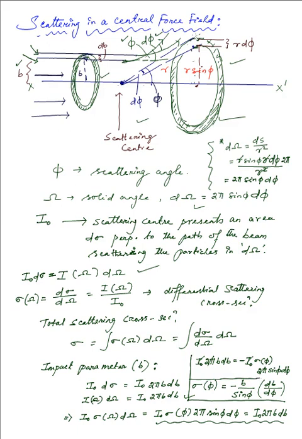So this is the important relation in terms of the plane angle, the two-dimensional angle that we have in the given figure. We have the expression in terms of the solid angle as well, which is given over here, which gives the differential form of the scattering cross section.